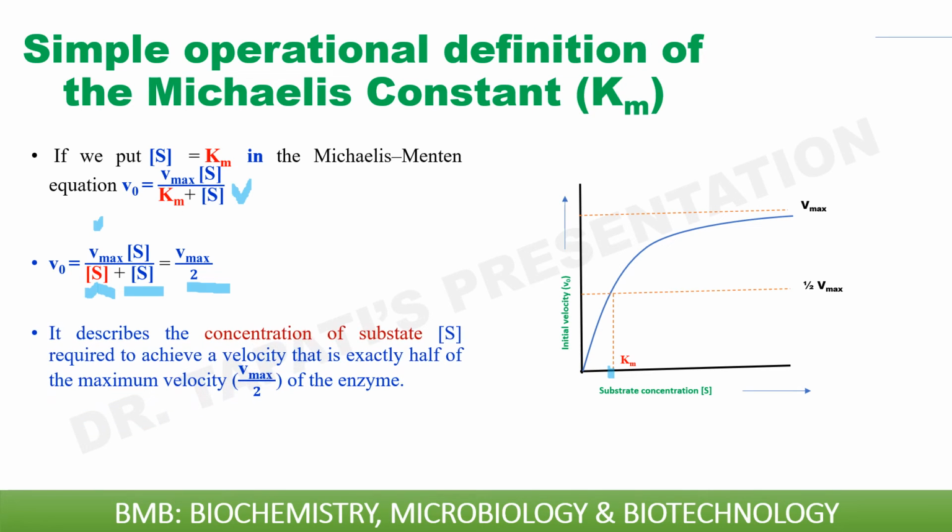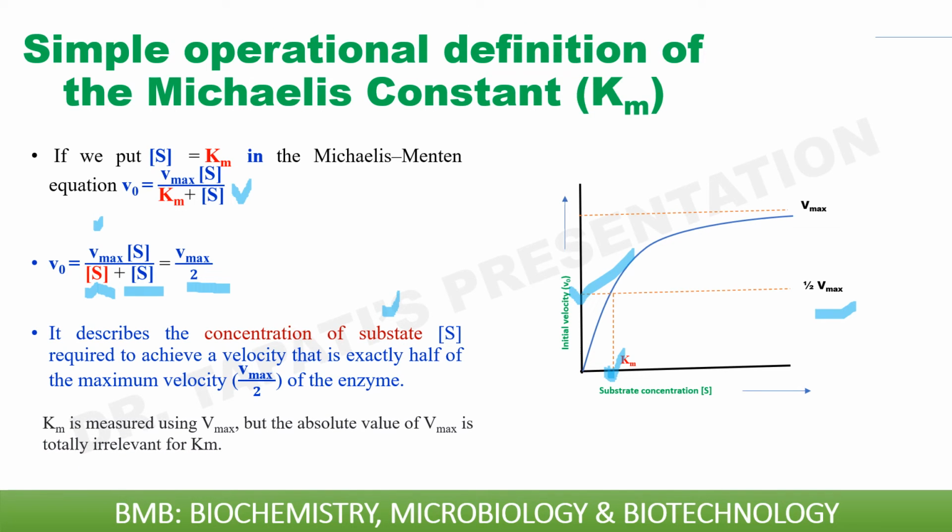So it describes the concentration of the substrate required to achieve a velocity that is exactly half of the maximum velocity of the enzyme.